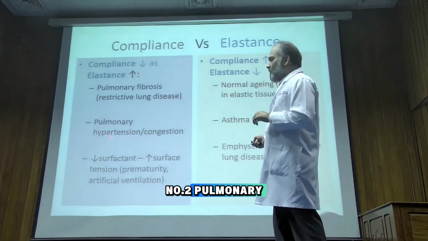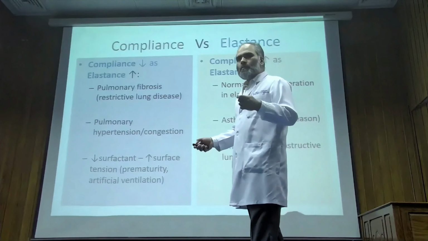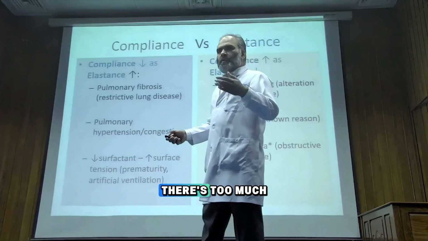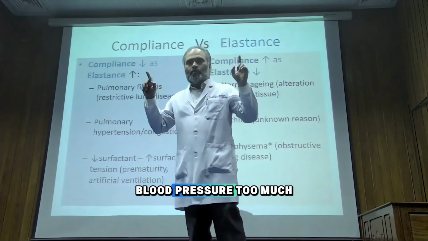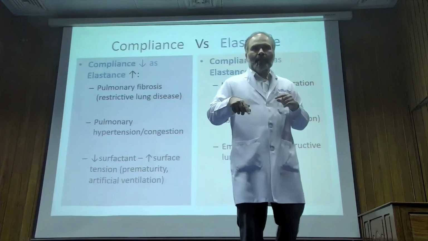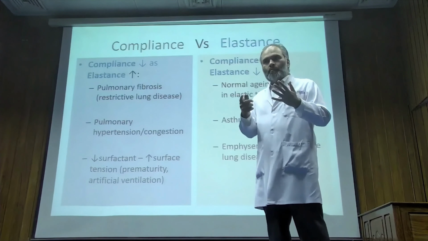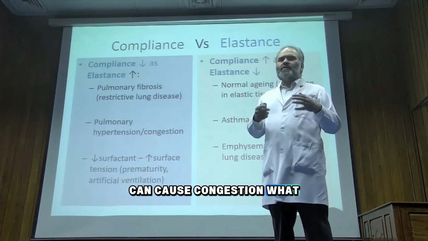Number two, pulmonary hypertension. Obviously, the word hypertension would give you something. It's not normal. There's too much blood pressure, too much pressure of blood inside the lungs. Too much blood can cause congestion. What is congestion?